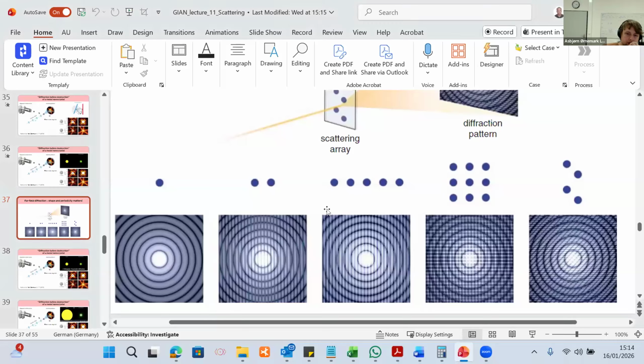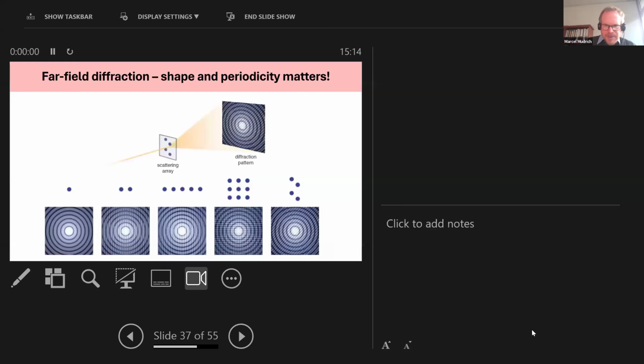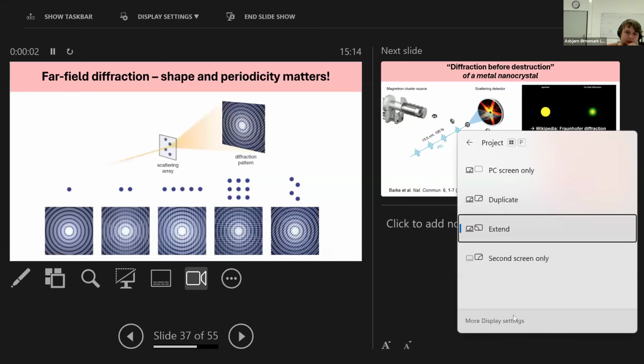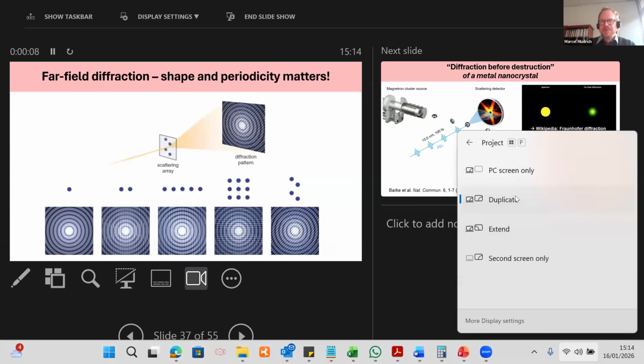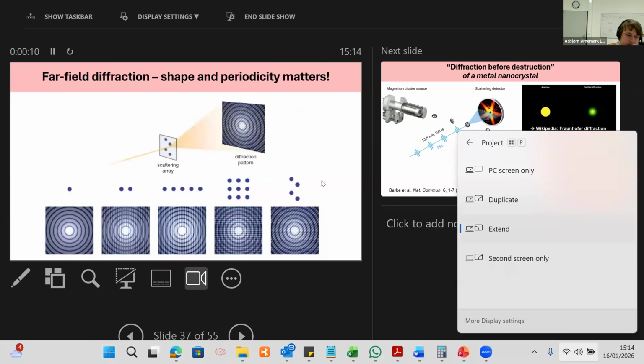If you click, yeah, it's a different screen, right? I think maybe display settings up at the top. I'll do duplicate. But the wrong one. Duplicate should work. Okay.